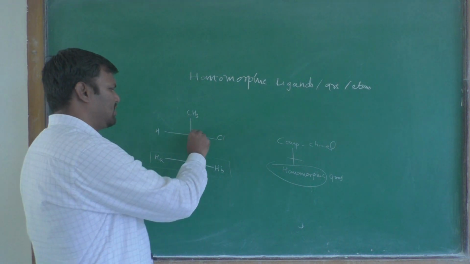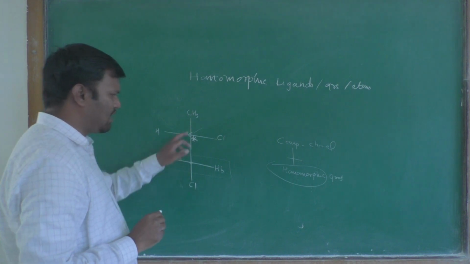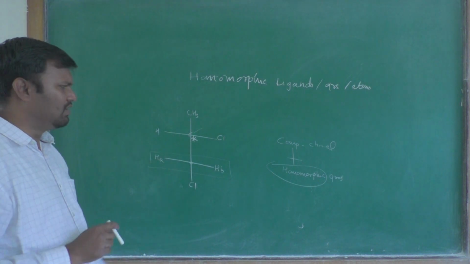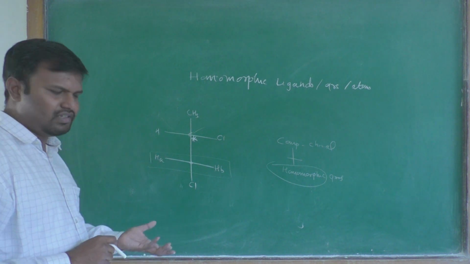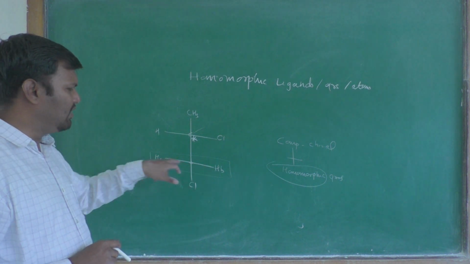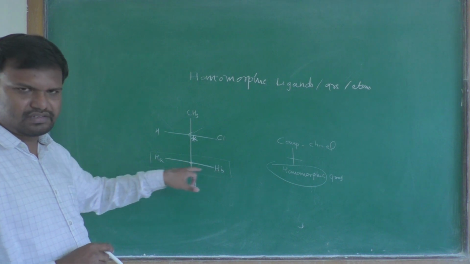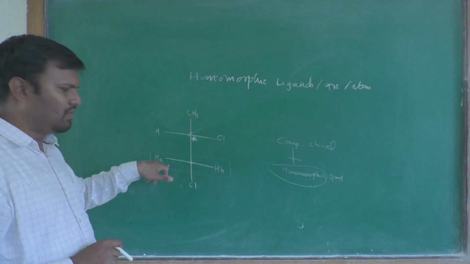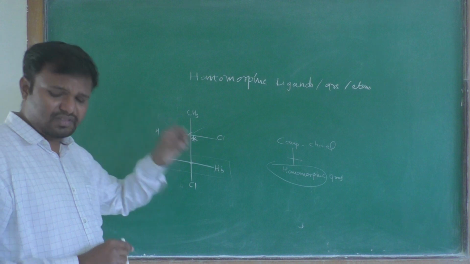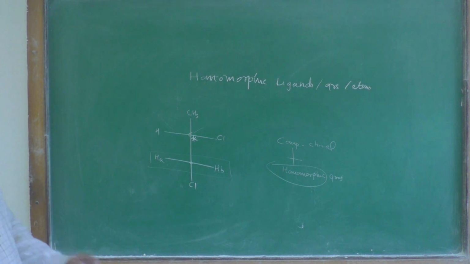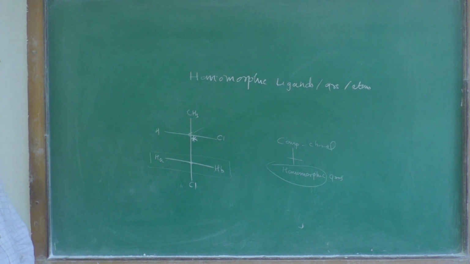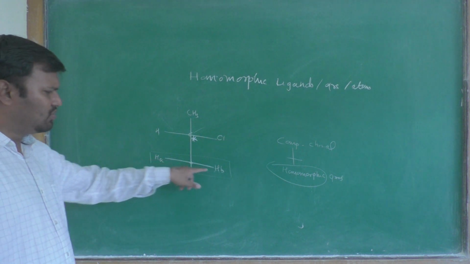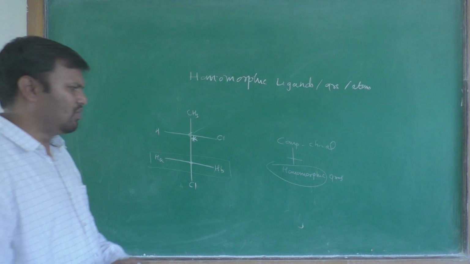In this case we have the chiral center anywhere, first carbon, second, third, fourth carbon, any carbon, and if there are homomorphic protons like that, then you obtain the diastereomers, and those atoms are called the diastereotopic atoms.